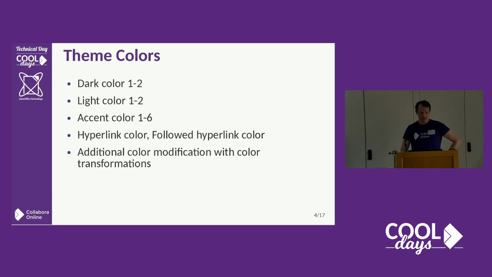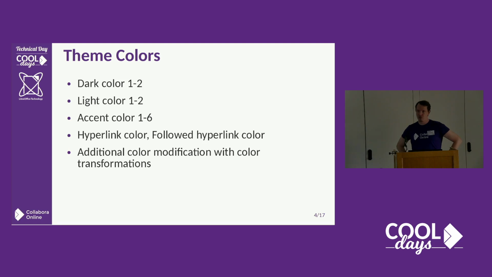So then theme colors: you have the choice, you can define what is the dark color or light color, and you have a choice for 1 and 2, so two different colors for this.